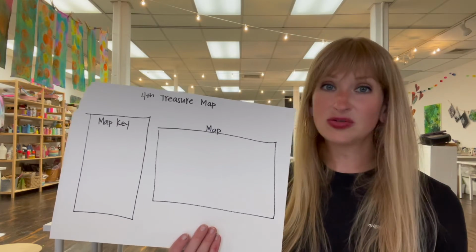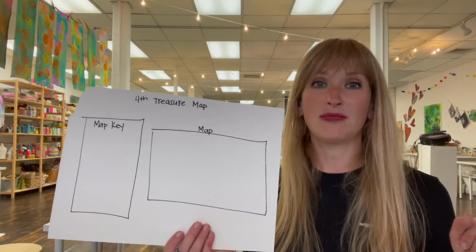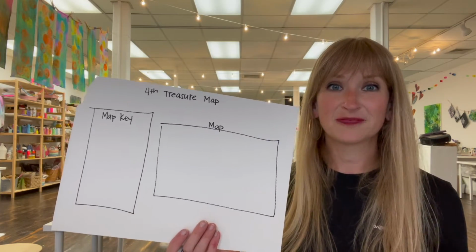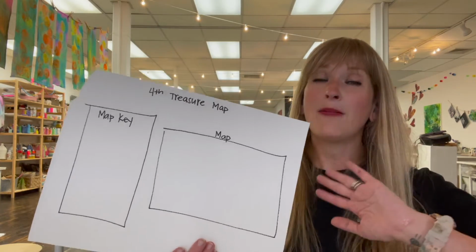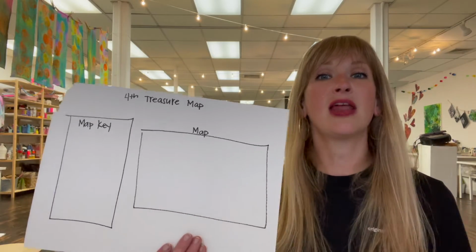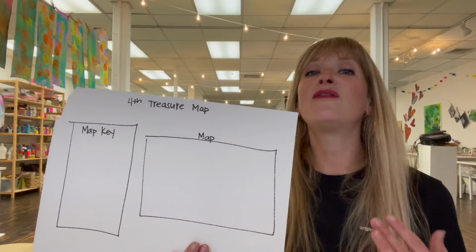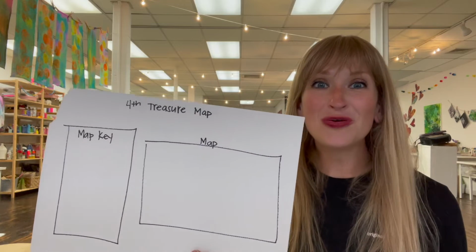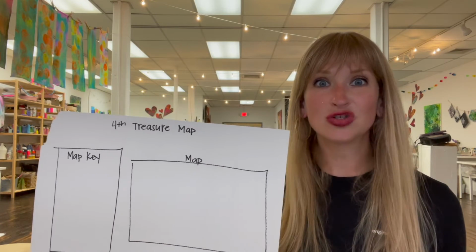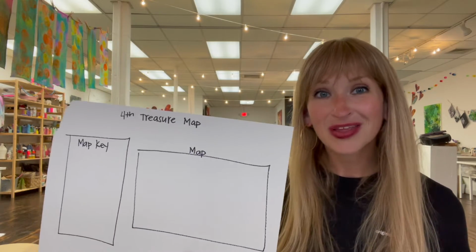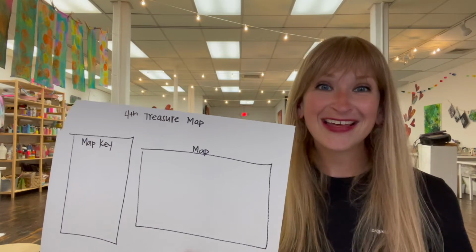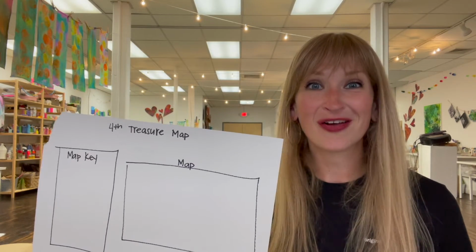Let me show you how I'm thinking we'll plan this out. First, imagine you are on an island, far, far, far away, and you stumbled upon a treasure. Maybe you were snorkeling, maybe you were hiking, maybe you were jumping off waterfalls.